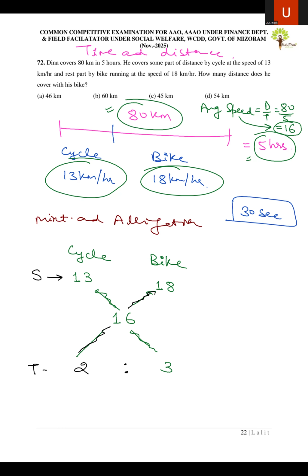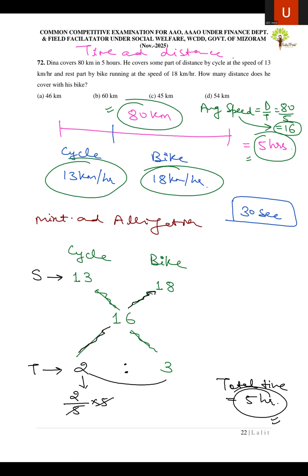All right. So what is the total time? Total time is 5 hours. So just find the time according to these ratios. So 2 divided by total, which is 5, multiplied by 5, you will say 2 hours.